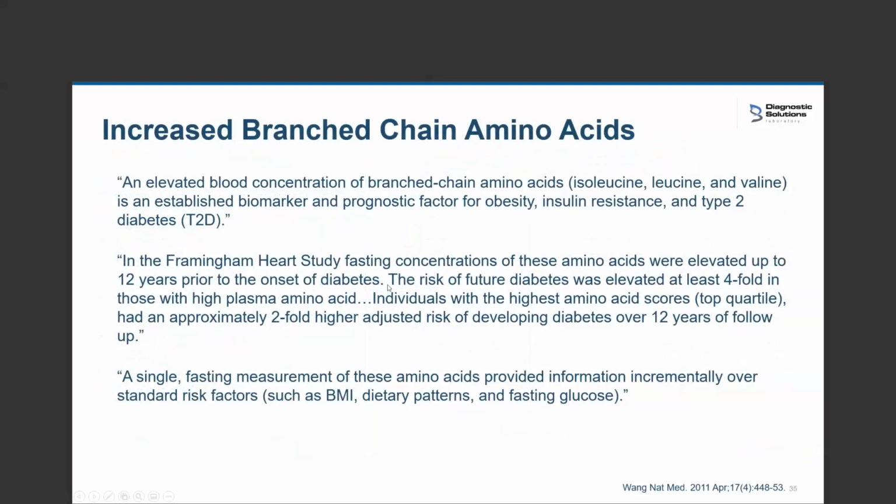So they may be identifying kind of a low level metabolic impairment. And the future risk of diabetes was elevated at least fourfold in those with the highest plasma amino acids. A single fasting measurement of these amino acids provided information incrementally over standard risk factors.